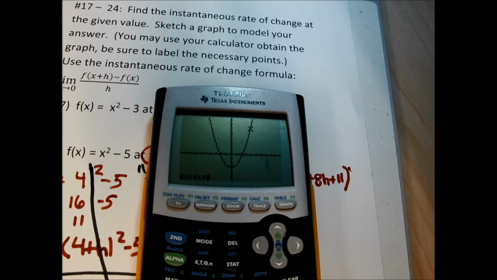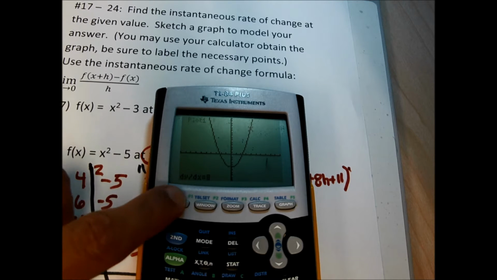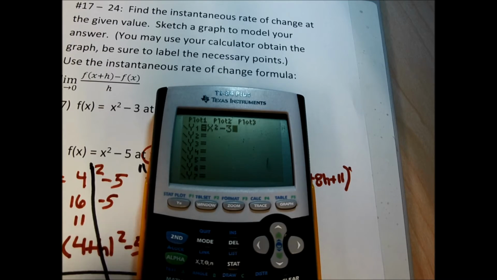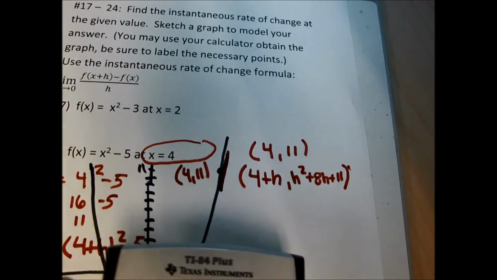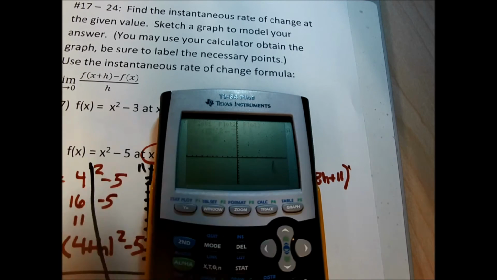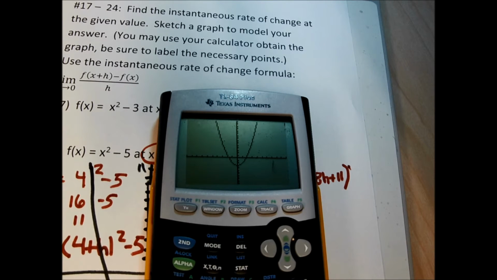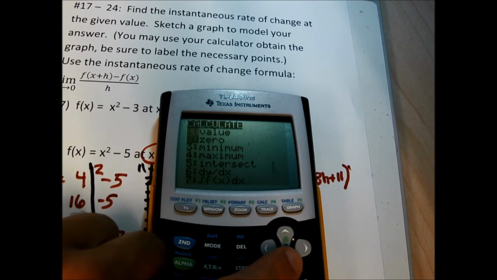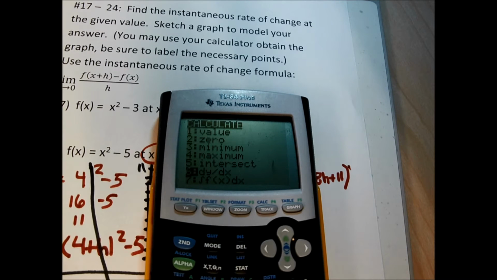So if we were doing your problem, y equals 17, x squared minus 3, I type in x squared minus 3. You want the instantaneous rate of change at x equal to 2. I'd have the function in, I'd graph it, then I'd go second, calc, go down to option 6, dy dx is the instantaneous rate of change feature on my calculator, type in equals, and then I'll type in the number 2, and then hit equals.